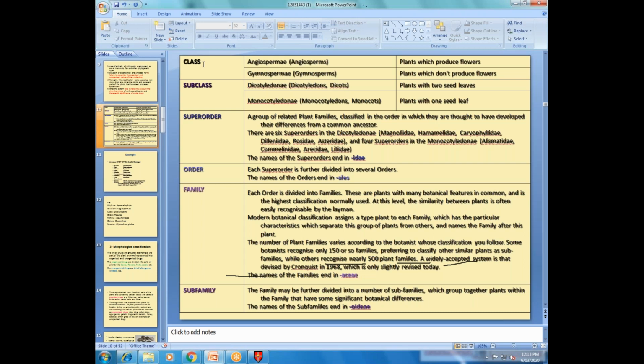Modern botanical classification assigns a type plant to each family, which has particular characteristics that separate this group of plants from others, and names the family after this plant. The number of plant families varies according to the botanist whose classification you follow. Some botanists recognize only 150 or so families, preferring to classify other similar plants as subfamilies.